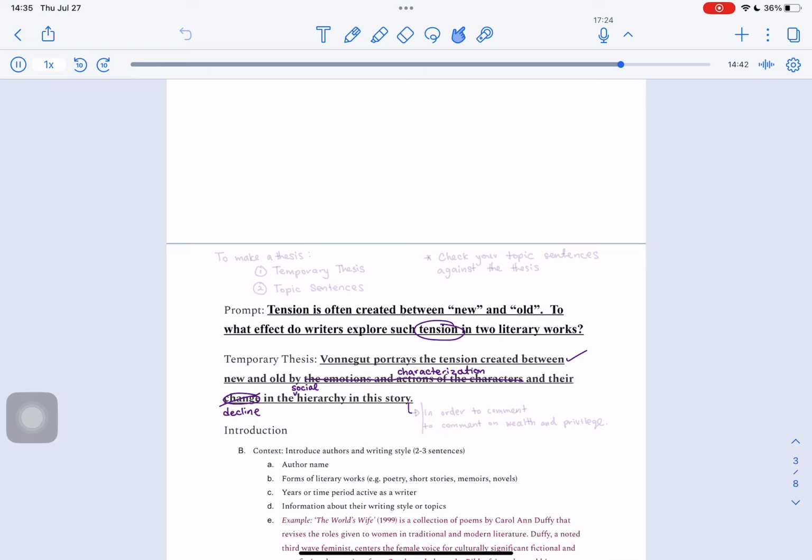And then if I were to smarten this up, you would say the why, the purpose, the author's message. In order to, or you can say to comment. So then comment is the action verb I'm talking about. To comment on the value, to comment on wealth and privilege.